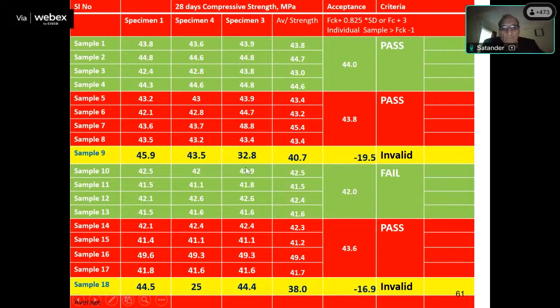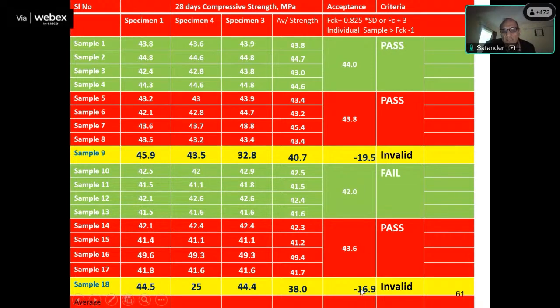It means there is some doubt in the casting of the cube. It means this value you cannot take into the average. If you are having 40, 44 values and one value is M20, you cannot take it into the average. You will do separate core cutting or NDT test, then you can pass or fail depending upon the result. So sample 9 and sample 18 are invalid.